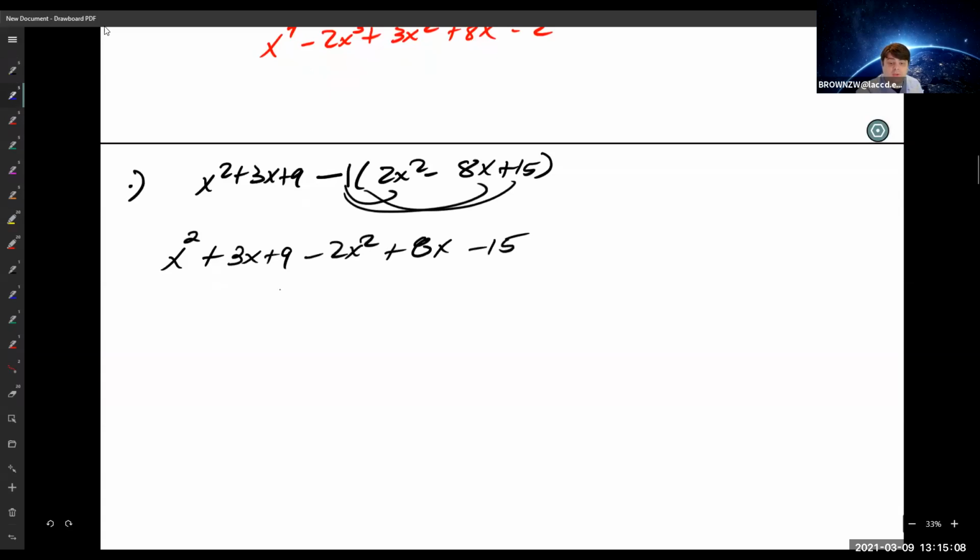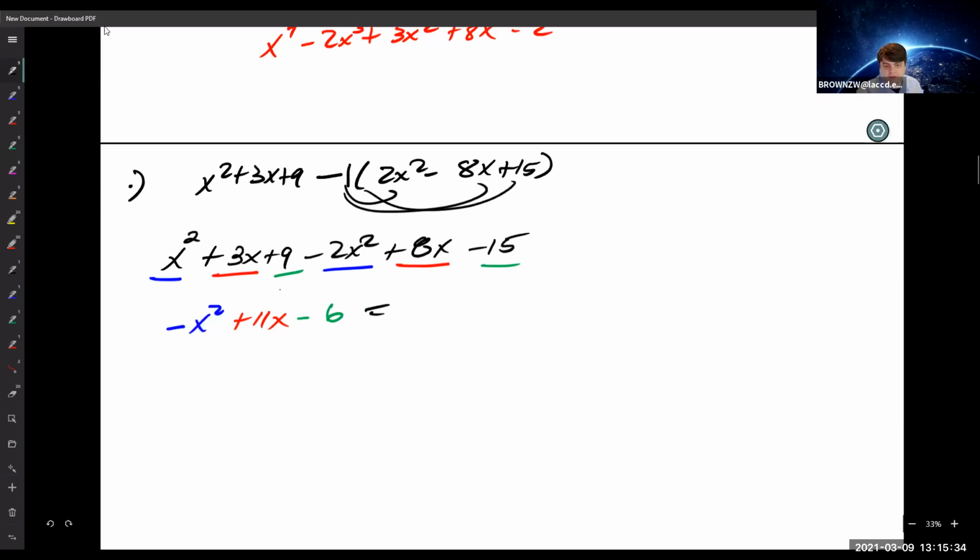And now we're just going to go through and pair off my like terms. So we have an x squared minus a 2x squared, which would leave me with a negative x squared. Positive 3x plus 8x leaves me with 11x. And positive 9 minus 15 leaves me with negative 6.